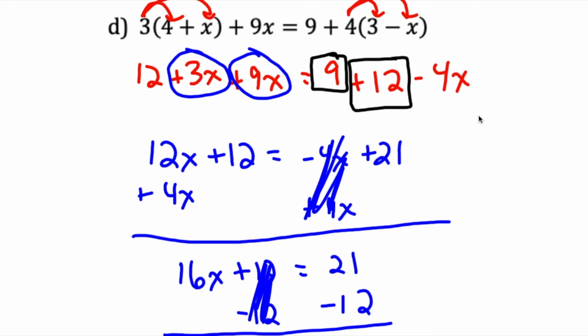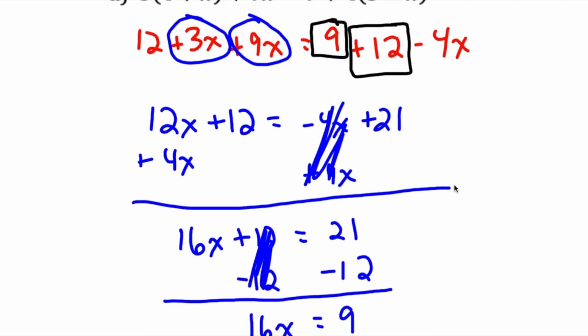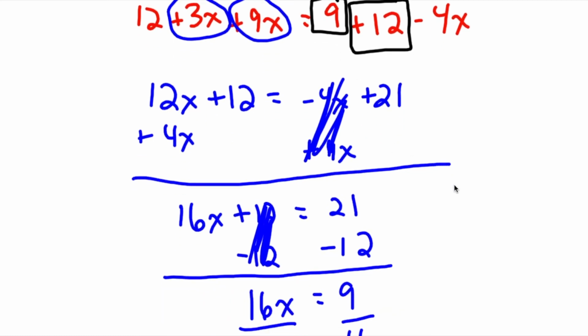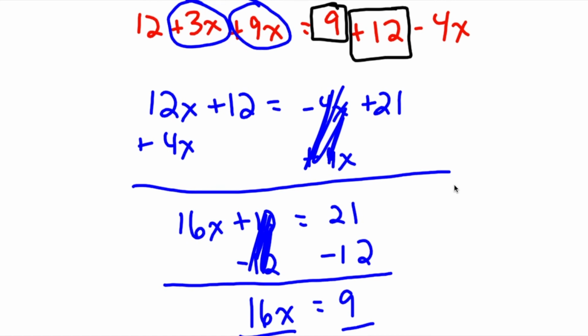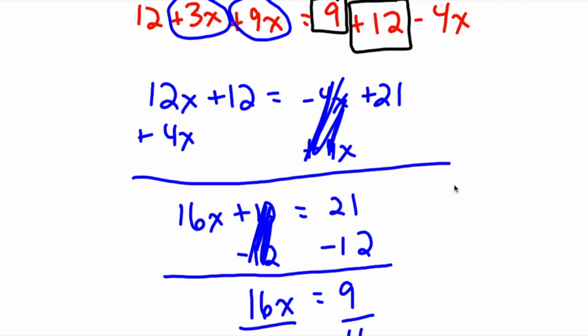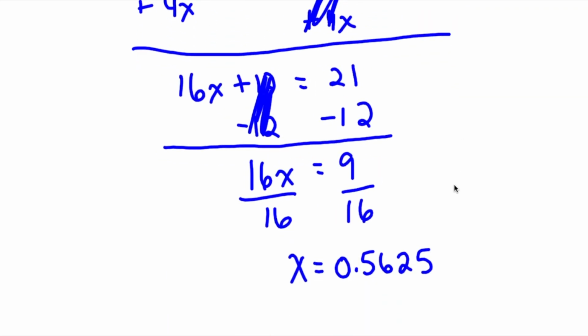So again, I just wanted to add another problem in here where we have a decimal for the answer, because sometimes when we get answers as decimals, a lot of times we feel like we did something wrong or we made a mistake. But if you look through this, we have no mistakes in here.